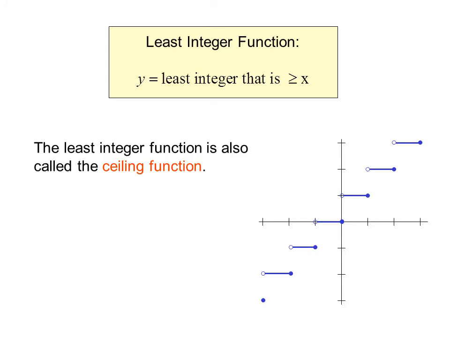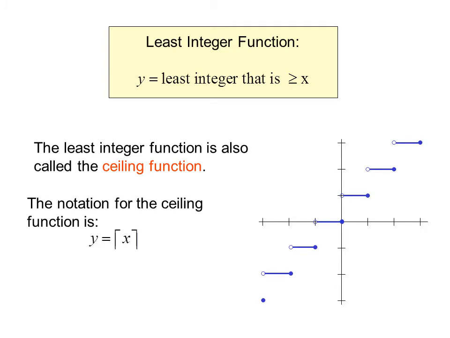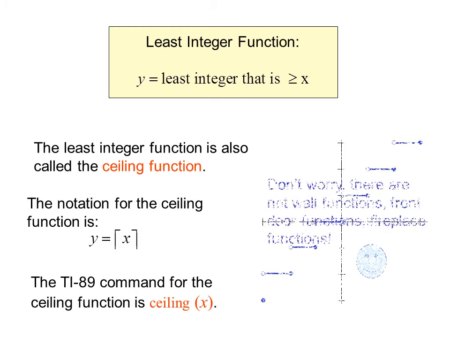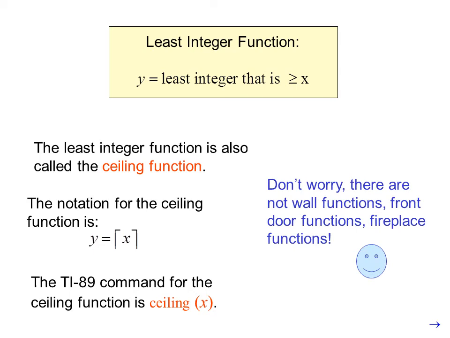The least integer function is also called the ceiling function. The notation for the ceiling function is y equals ceiling function x. The TI-89 command for the ceiling function is ceiling x. Don't worry, there are not wall functions, front door functions, or fireplace functions, or any other parts of the building, just floors and ceiling.